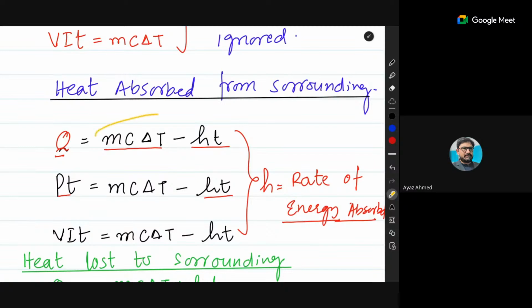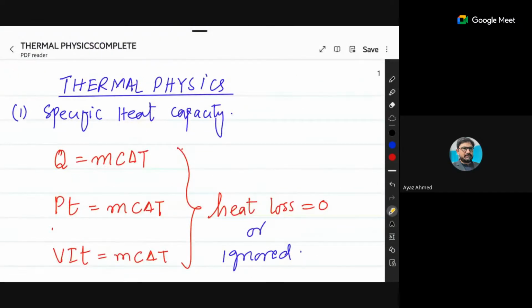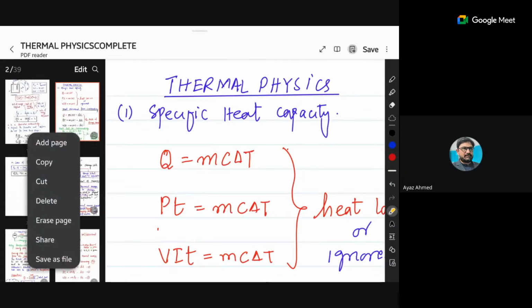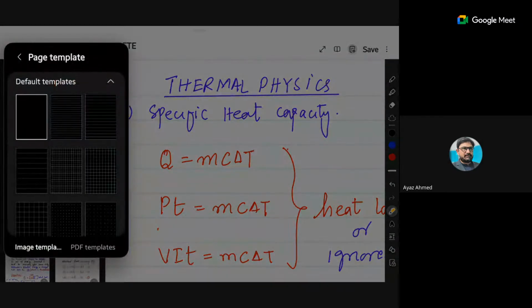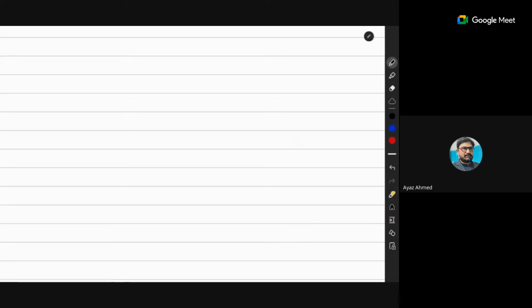Q is equal to mc delta T minus HT, because some of the energy is absorbed from the surroundings. Okay, so I have to put a new page for you, and I will explain what the main objective of this whole discussion was.